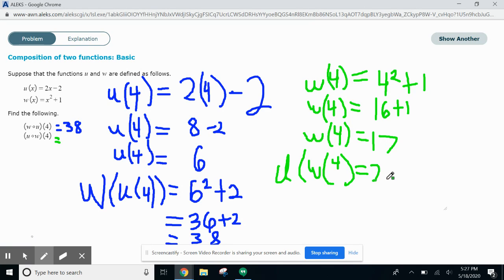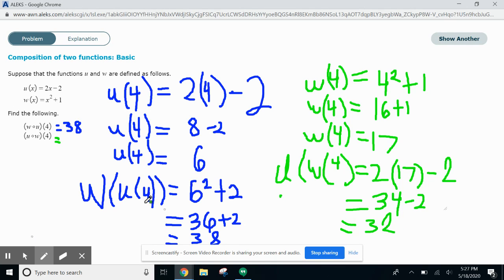So now it's going to be 2 times 17 minus 2. Well, 2 times 17, that's going to be 34. 34 minus 2 will be 32. So now 32 should be our answer over here.